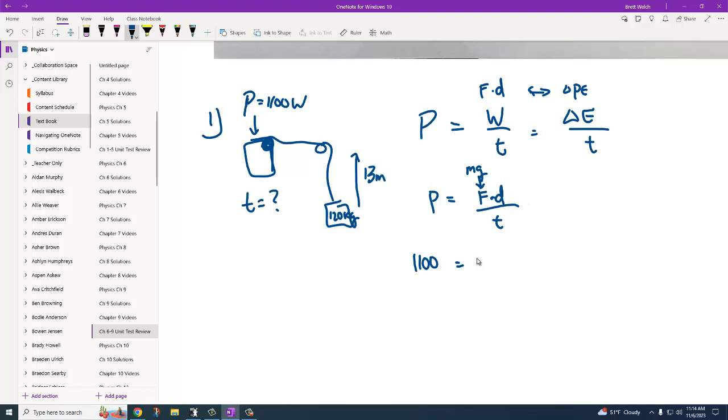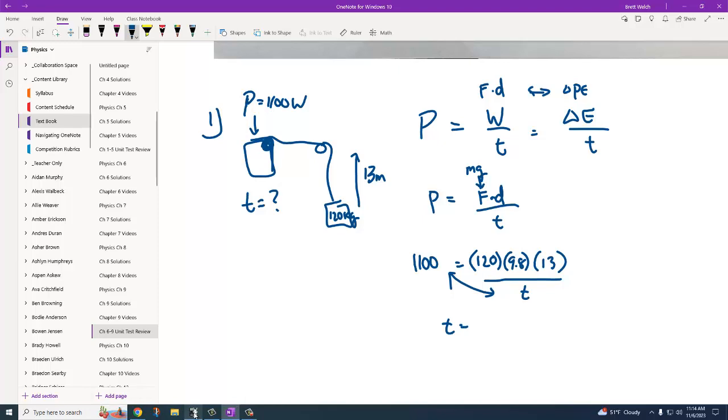And so we're going to go ahead and use the mass of the crate, which is 120, times gravity, 9.8. That should give us the weight of the crate, times the distance it travels, which is 13 meters, all divided by time. This would just be an old Welcheroo to be able to solve for time.